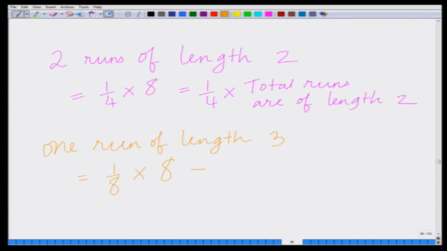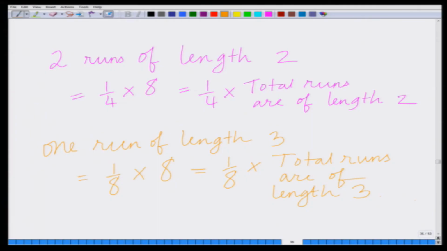So, 1/8 of 8 is 1. So, 1/8 of the total runs are of length 3.